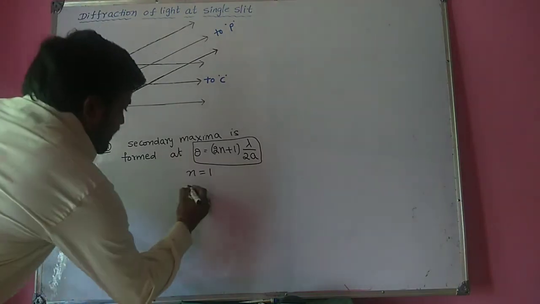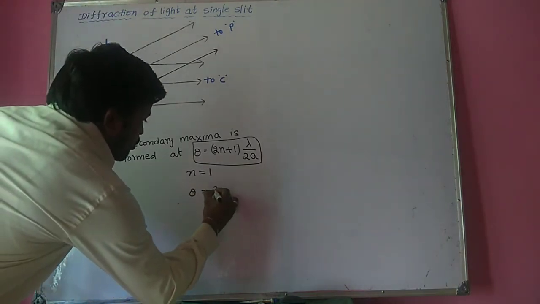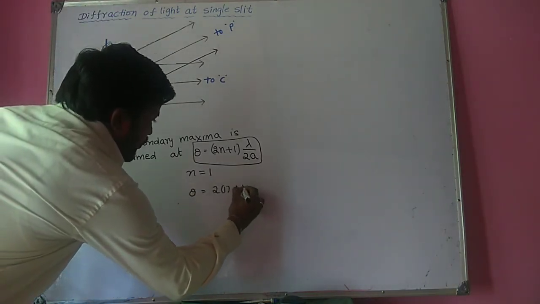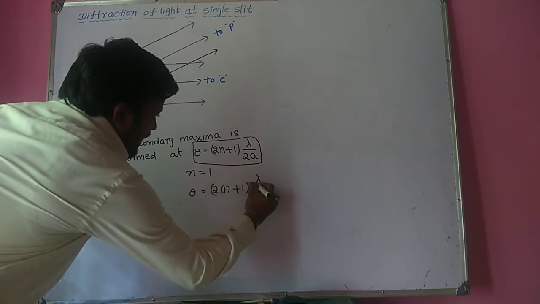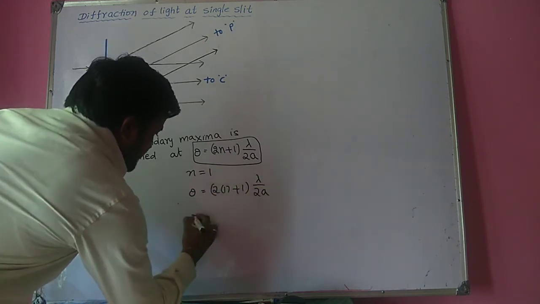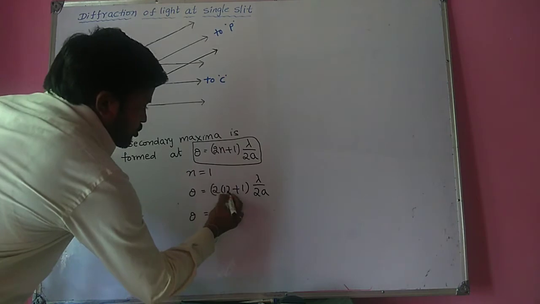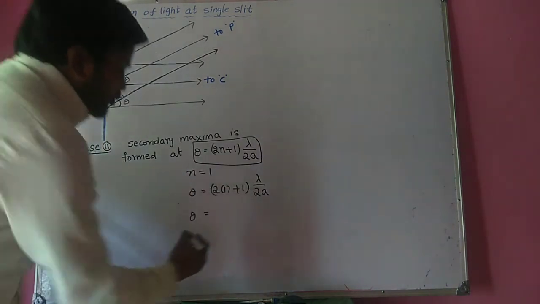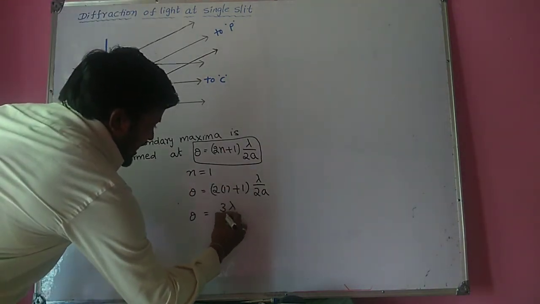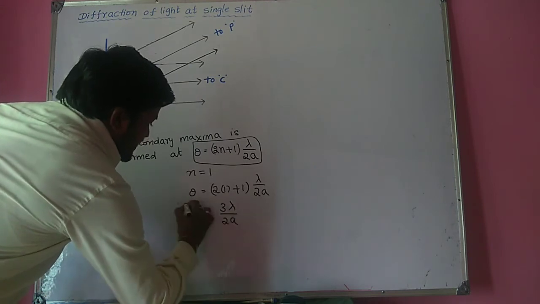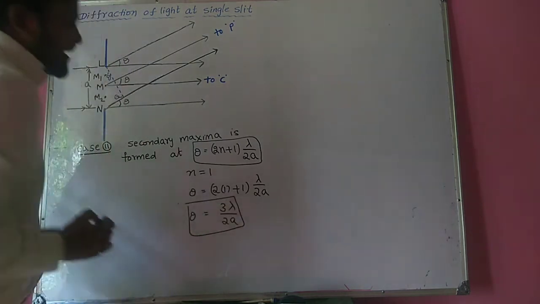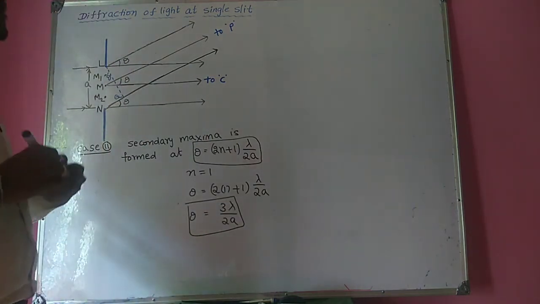Then theta is equal to (2 into 1 plus 1) into lambda by 2a, so the value of theta is 3 lambda by 2a. That is the angle at which the secondary maxima is formed.